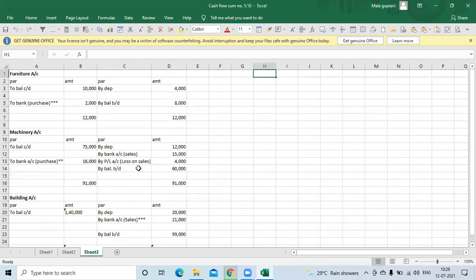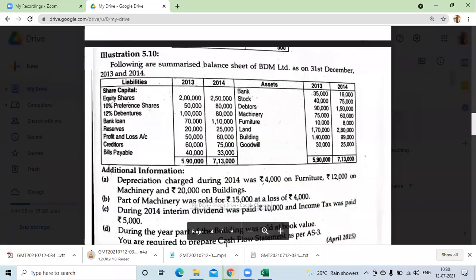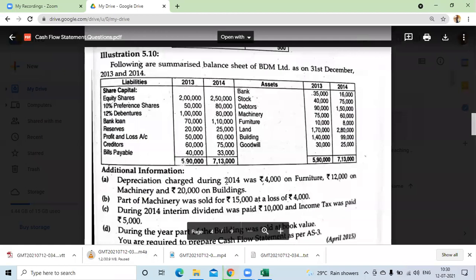And then you have to leave, say, 8 to 9 lines, because on machinery there are 2 adjustments. And then draw building account, particulars amount, building account. And you will have a leftover page. Whatever page is left, leave it. Shall we begin with the solution part now? Come on, quickly, yes or no?